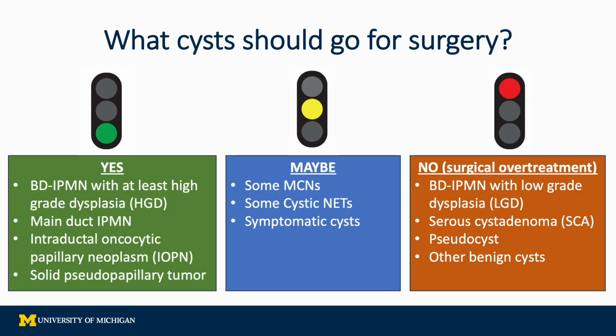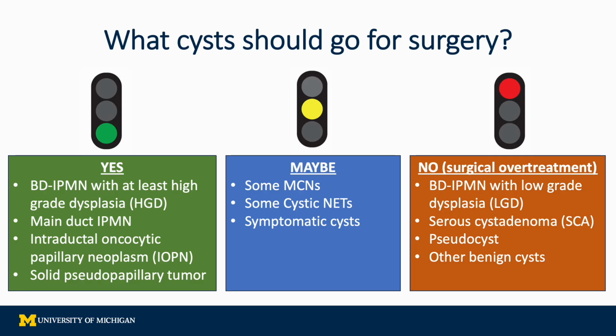And I will start by showing here a non-exhaustive list of different cystic lesions and the respective surgical management just based on histopathology. For the purpose of this talk, we're going to focus on the list at the right that includes cyst types that should not undergo surgery based on histopathology alone.